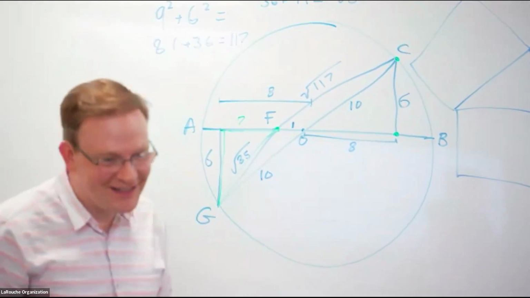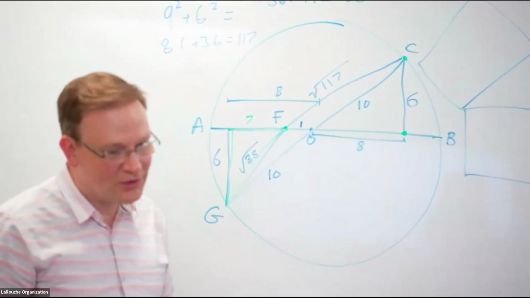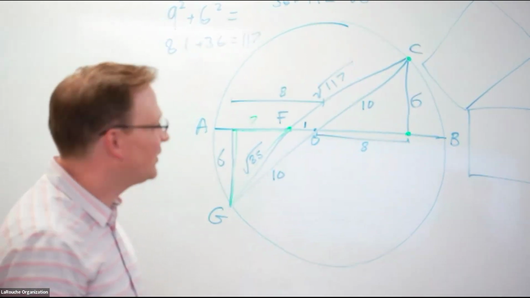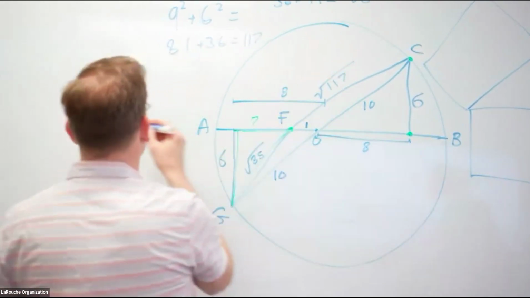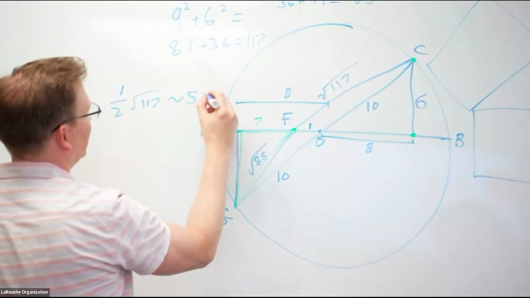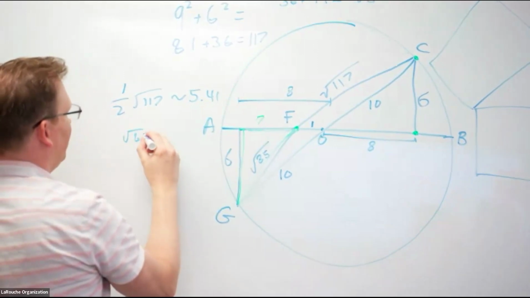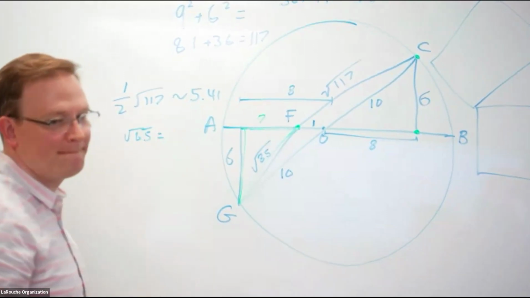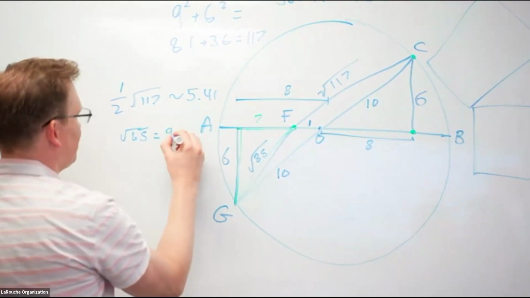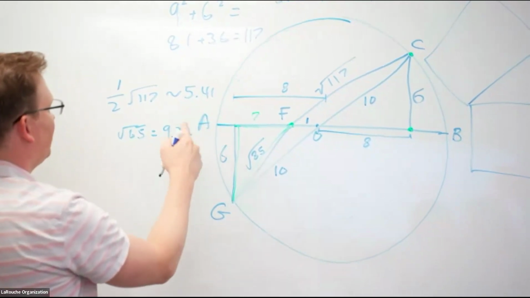Is this right? Half of the square root of 117. Sounds reasonable. Is it 5.4083269? Okay. So 1/2 the square root of 117 is about 5.41. All right. What's the square root of 85? 9.2195. 9.22, let's say.